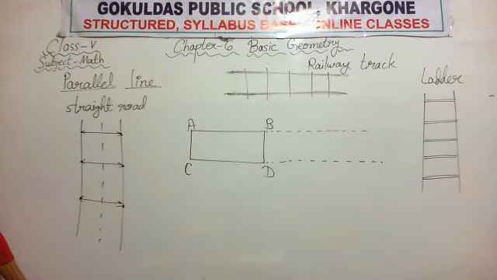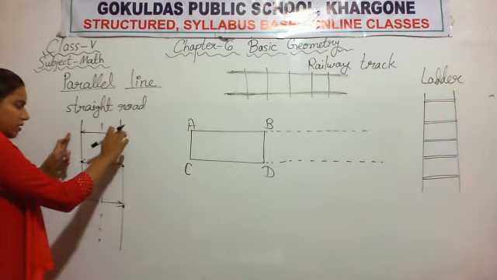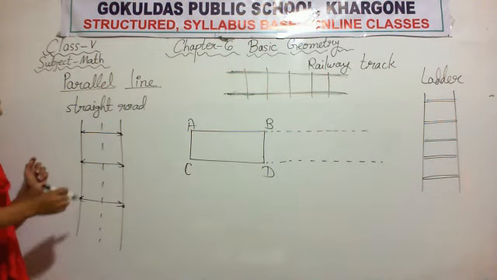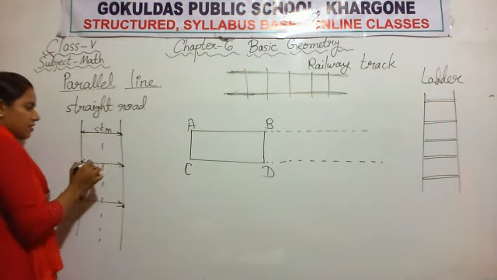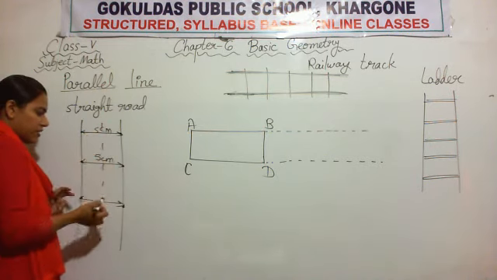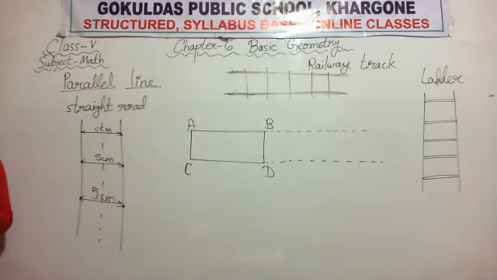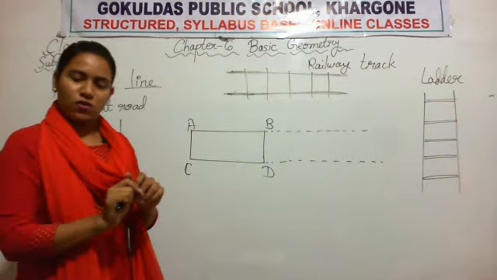In parallel lines, if you measure the distance between these two lines, it will be the same. If it is 5 centimeter here, this distance will also be 5 centimeter, and this distance will also be 5 centimeter. It will be constant, okay.